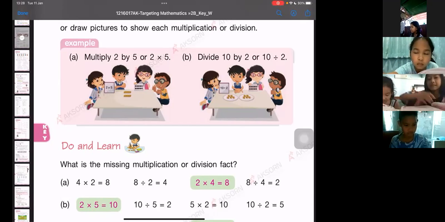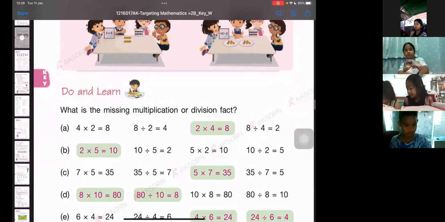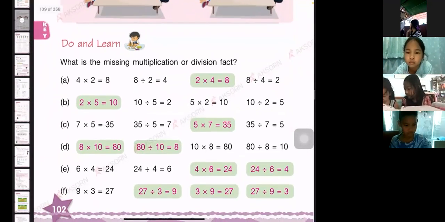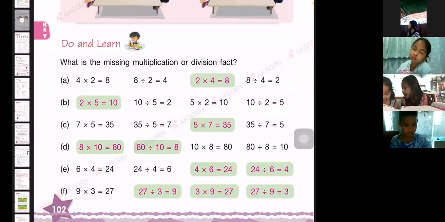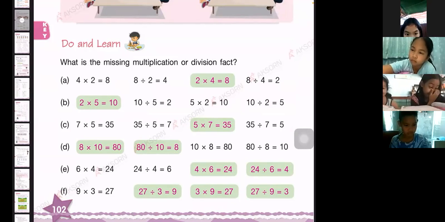Okay. So for letter C, you look at letter C, D, and E, up to letter F. For letter C, we have 7 times 5 equals 35. We're just going to change. We're going to do 5 times 7, which is also equal to 35.